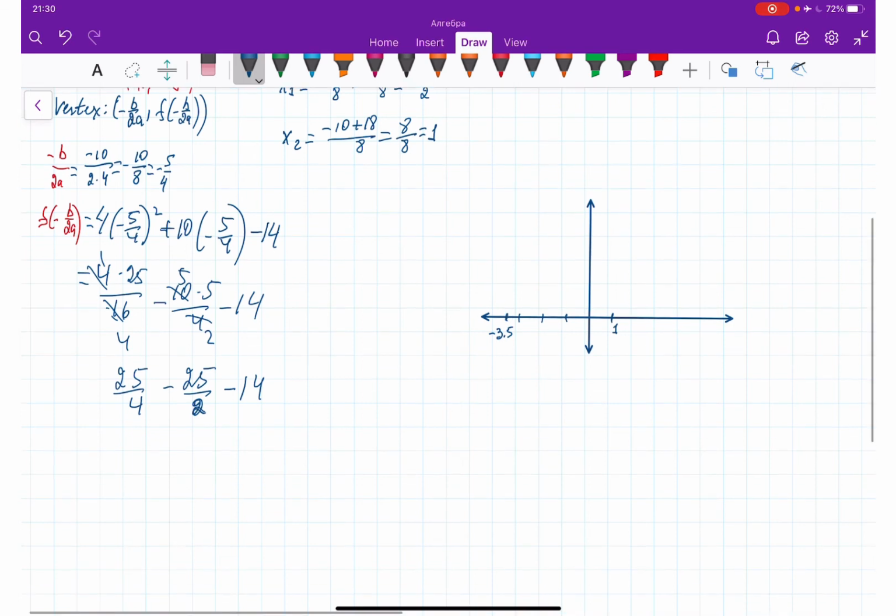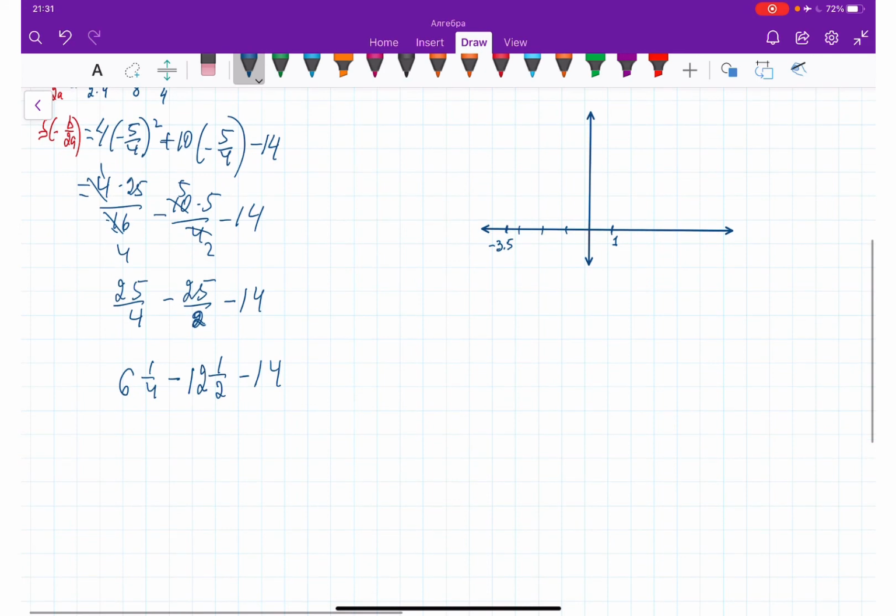25 over 4 is going to be 6 and 1/4, minus 25 over 2, which is 12 and 1/2, and minus 14. So what do we get? 6 and 1/4 minus 12 and 1/2 is going to be negative 6 and 1/4, right?